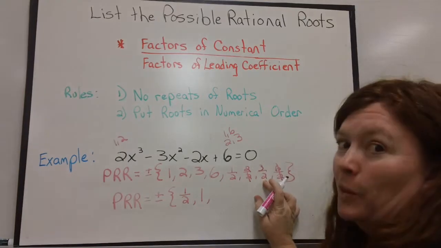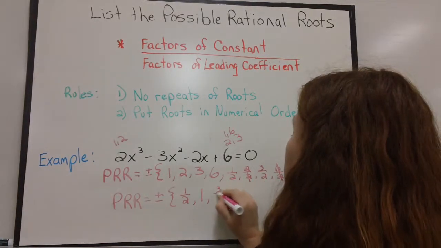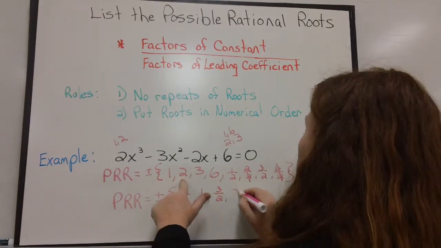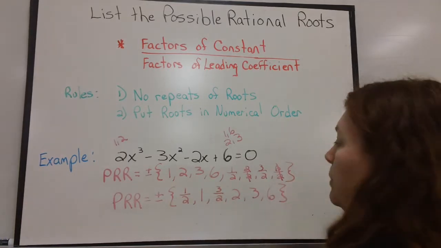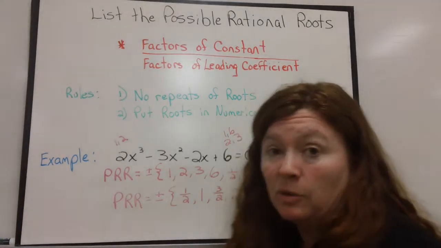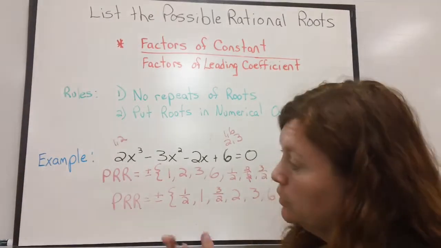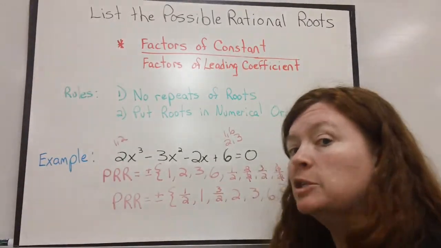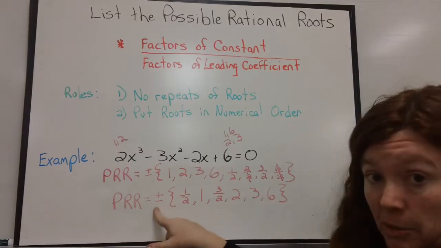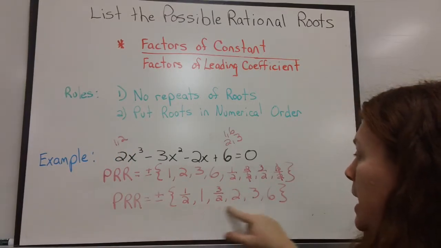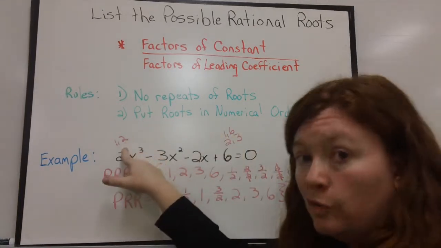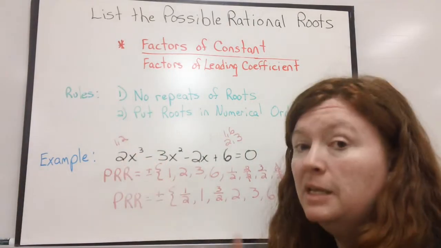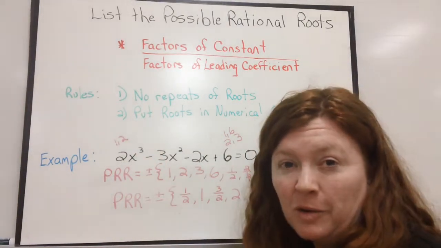Then comes 1.5. Then comes 2, 3, and 6. And there's my list of possible rational roots. So if you're asked to list the possible rational roots, you have plus or minus, brackets, and all your values, these numbers over these numbers, no repeats, and put in numerical order.